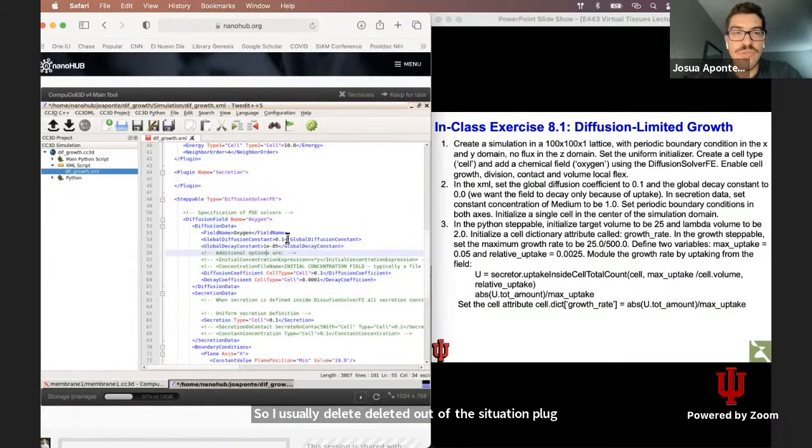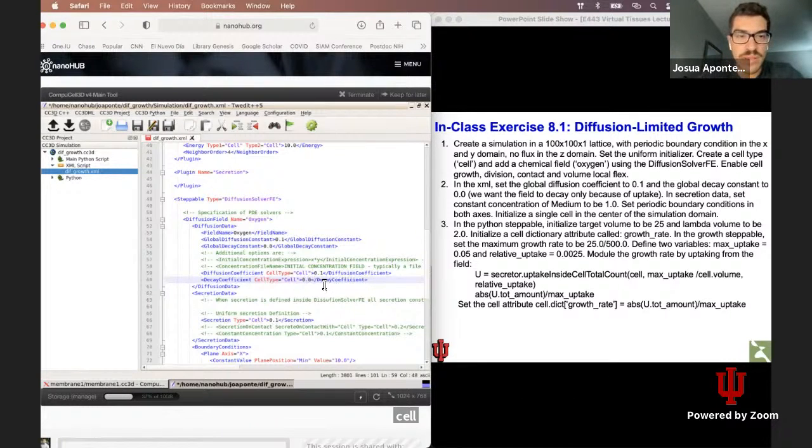Then we're going to set the diffusion constant to be 0.1 and the decay constant to be 0. The reason we want that global decay constant to be 0 is because we want any uptake out of the environment of the diffusion field to be due only to the uptake of the cell. And we do the same in this diffusion specific data.